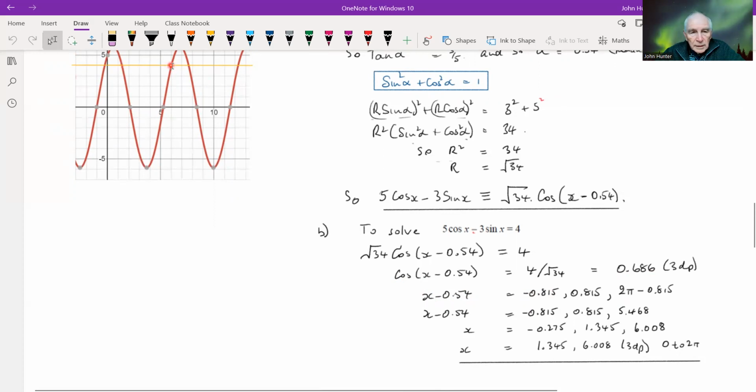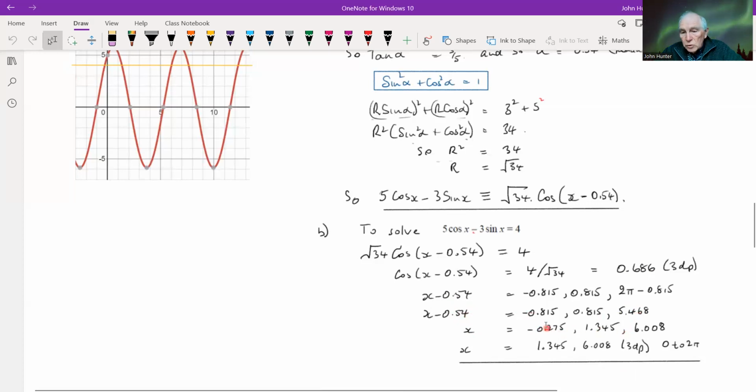And this is the higher value up here. Okay, so but that's x − 0.54. We evaluated 2π − 0.815 there. And then therefore x is going to be these values here. So I just added 0.54 into each of these.